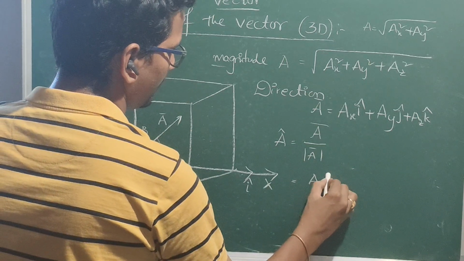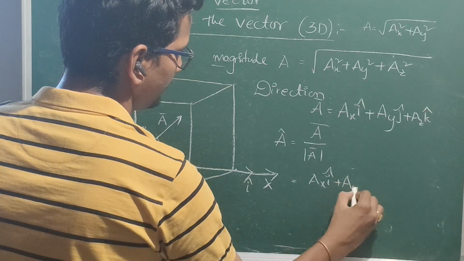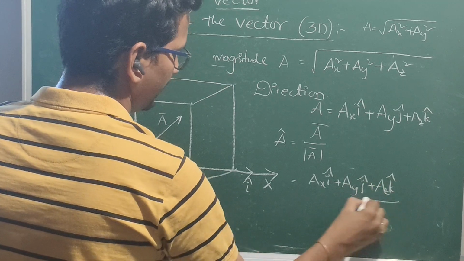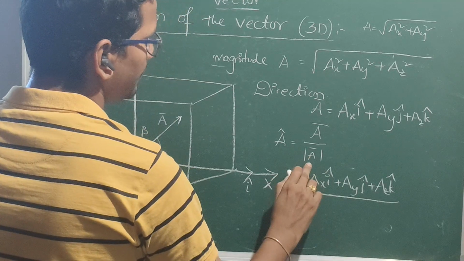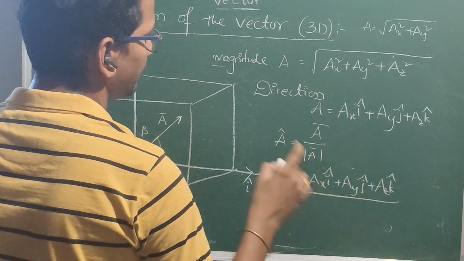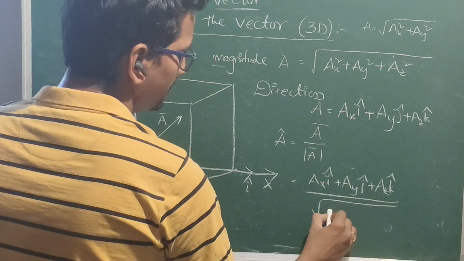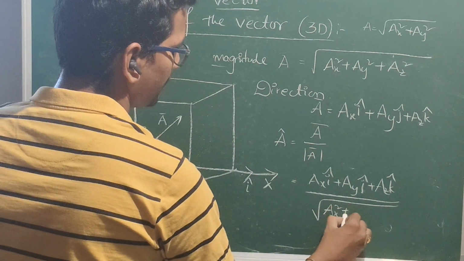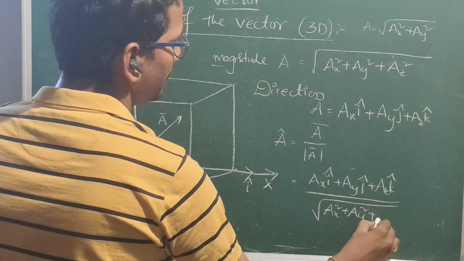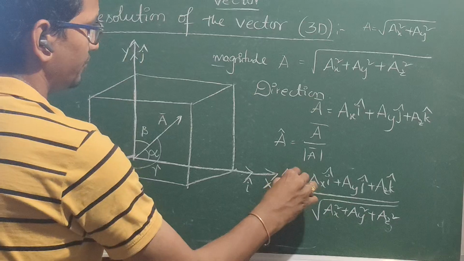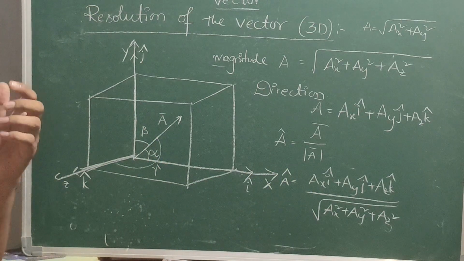Ax i cap plus Ay j cap plus Az k cap, by modulus of A, which means A. Modulus of A means magnitude. Magnitude A is the square root of Ax square plus Ay square plus Az square. This is the actual unit vector we want to find in these three dimensions.